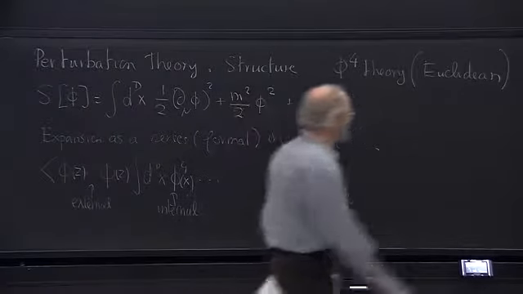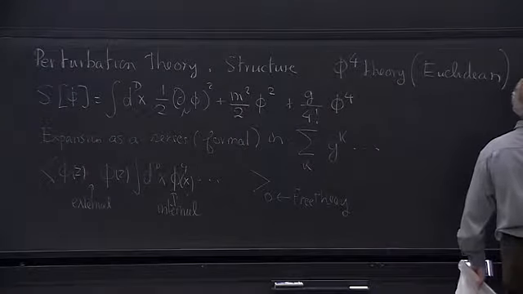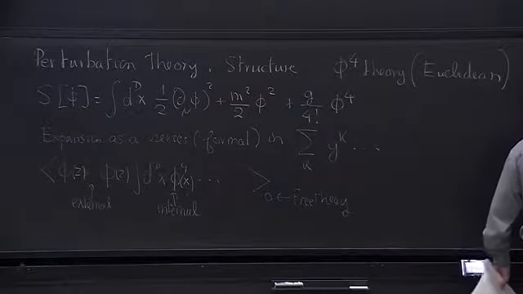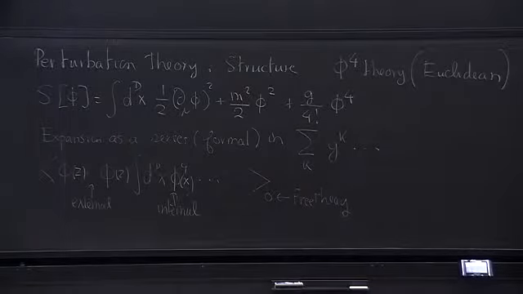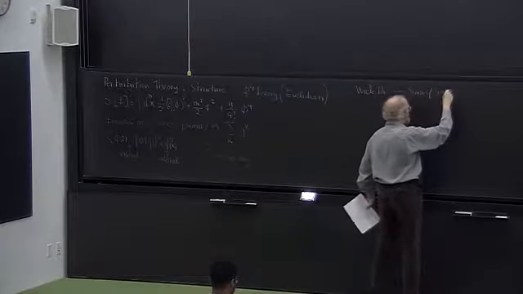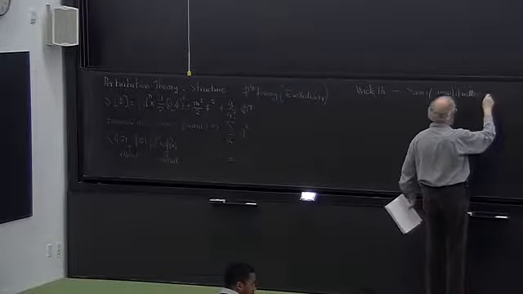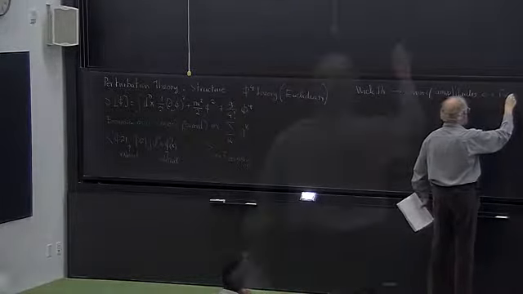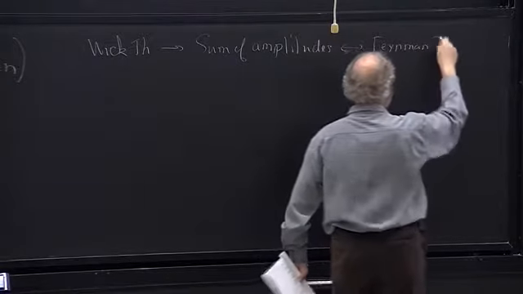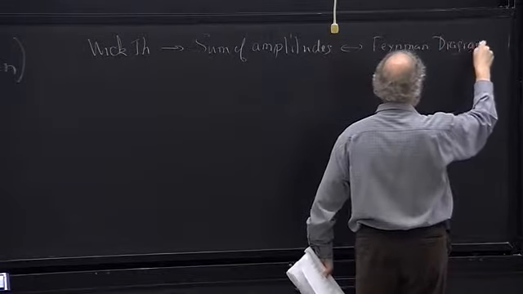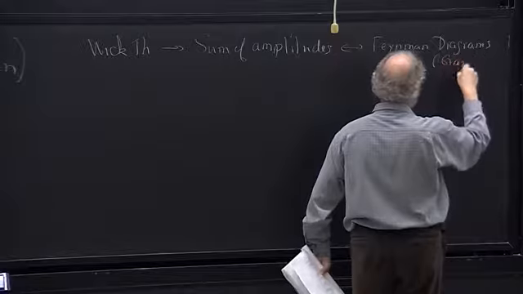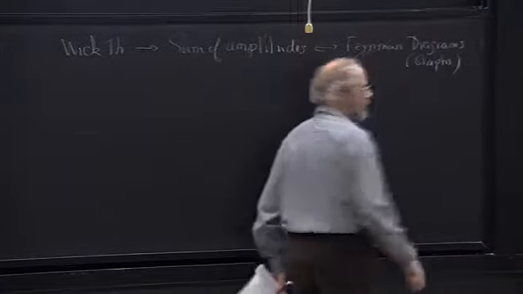So Wick theorem gives us a decomposition, a sum of amplitudes connected to Feynman diagrams, or Feynman graphs, two denominations. Okay.